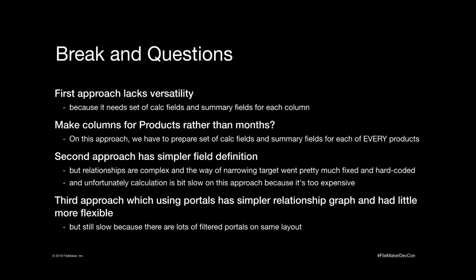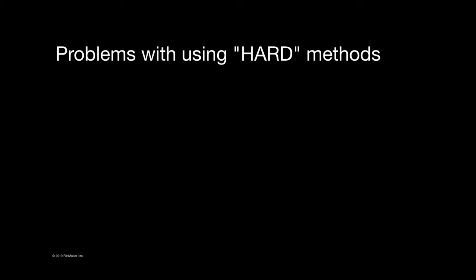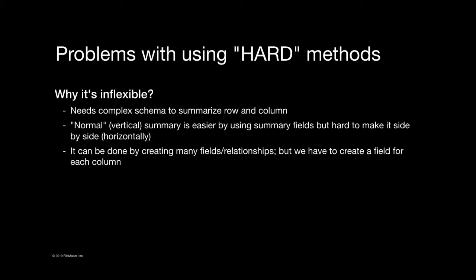Then, let's try to figure out what is the exact problem of the hard ways and how we can fix it. So, what is the problem? First, it is hard to say flexible.